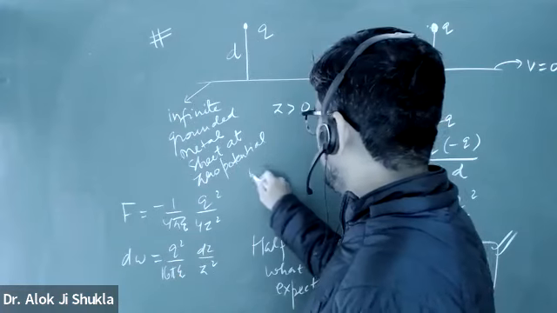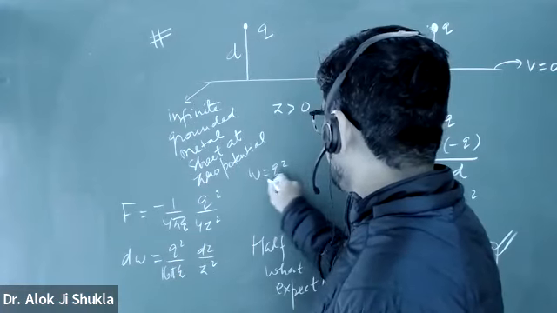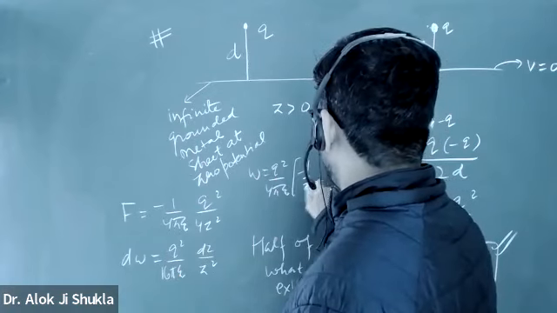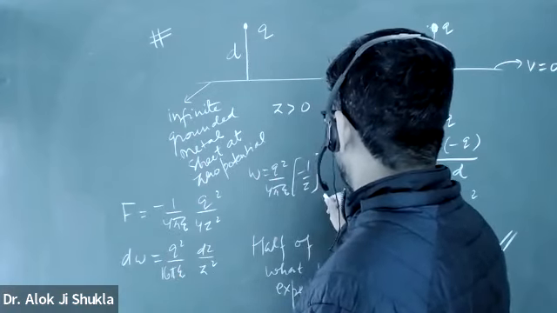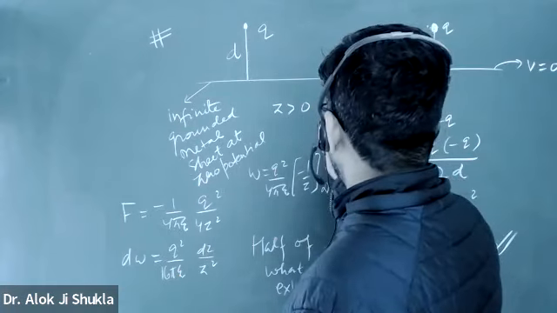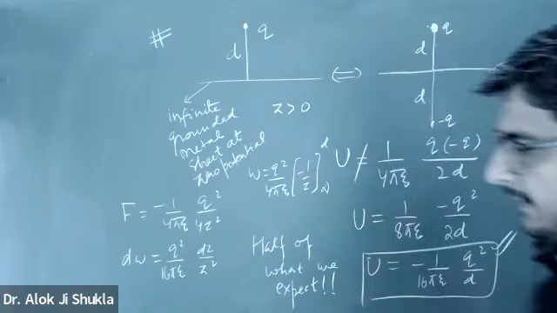So W will be q square by 4 pi epsilon naught minus 1 by z from infinity to a point d.